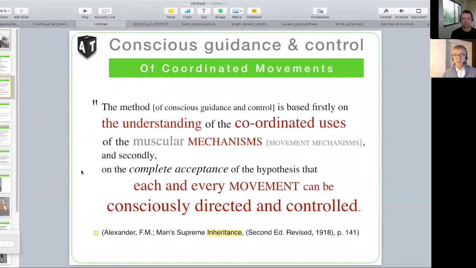So I want to take the two parts of that sentence and see what we can understand out of that. I already said that there is a problem. The first problem to be solved is the problem of what we call muscular mechanism. Most people have this idea that Alexander is talking about controlling the muscles, of consciously controlling the muscles.